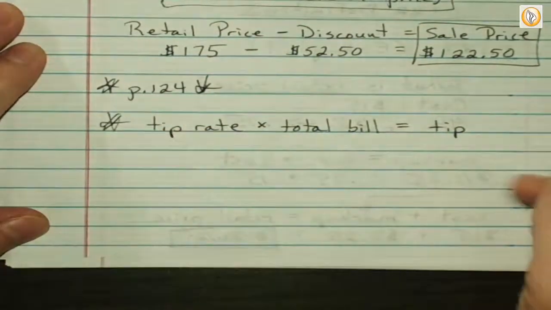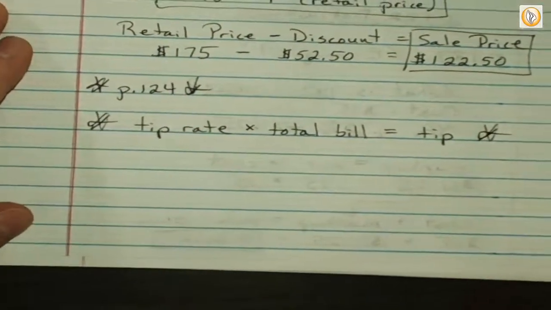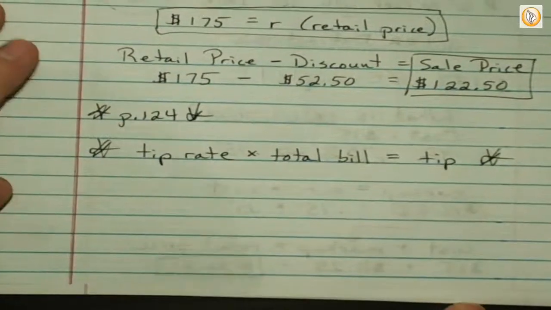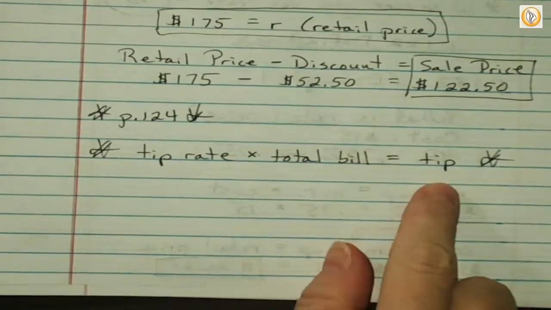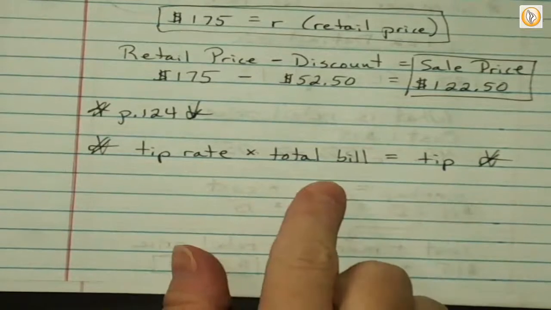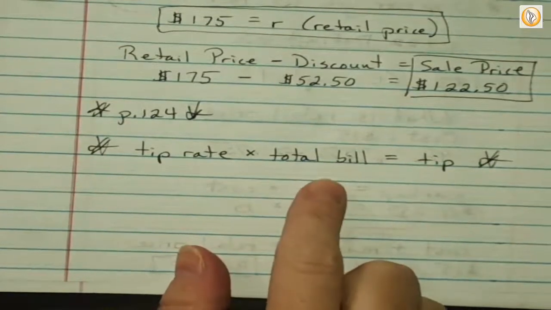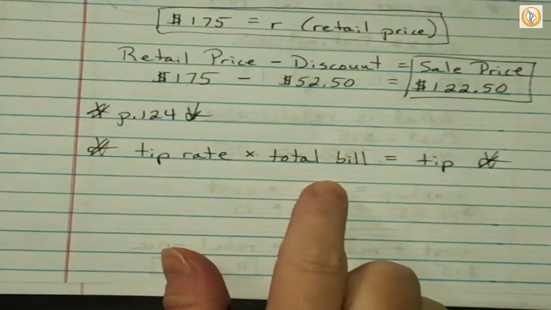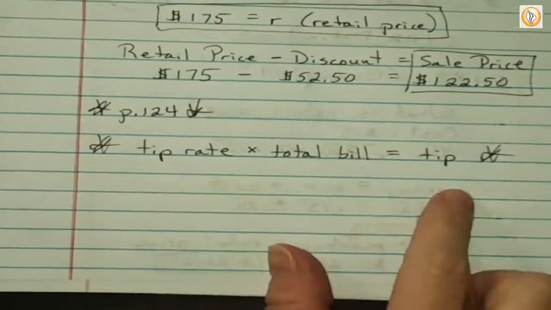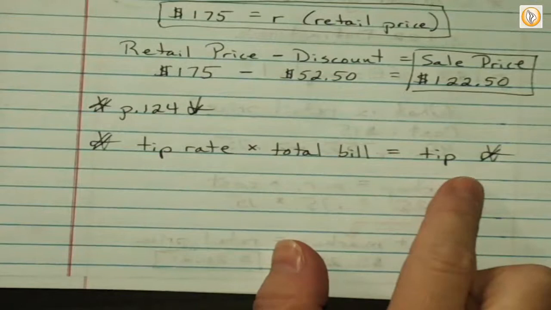I'm going to put 2 stars here. If you go to a restaurant, you need to tip your servers. Okay? For example, if your bill is $35, you would multiply that by your tip rate, and that tells you your tip.